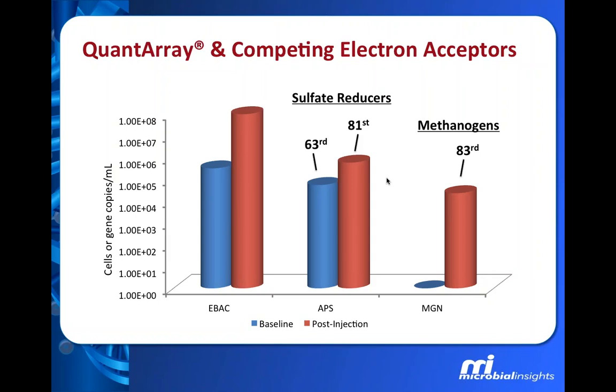Prior to electron donor addition, our sulfate-reducing population was already fairly high at the 63rd percentile. Afterward, it gets even higher, to the 81st percentile. Methanogens, too, went to the upper 20th percentile after injection. So Dehalococcoides had to compete not only with other dechlorinators, but also with SRBs and methanogens.